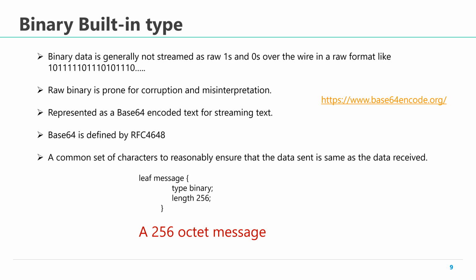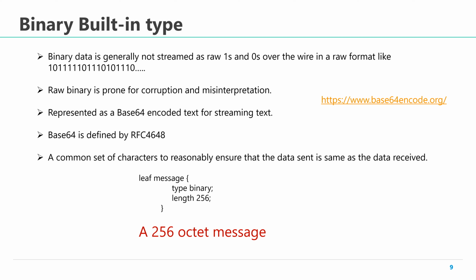To avoid this, the binary built-in type is available, which encodes such binary data into a form called base 64 encoding. This base 64 encoding is actually defined by RFC 4648, where there is a common set of characters that are available, which can be used to represent any series of bits, ones and zeros, in a textual format.